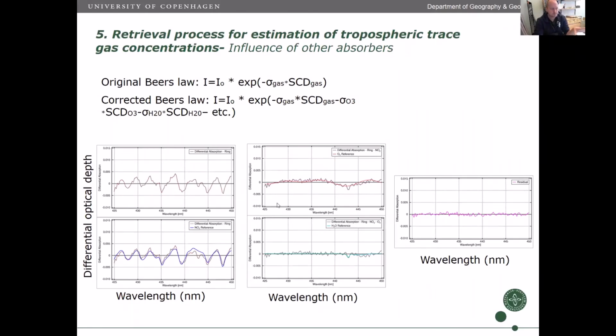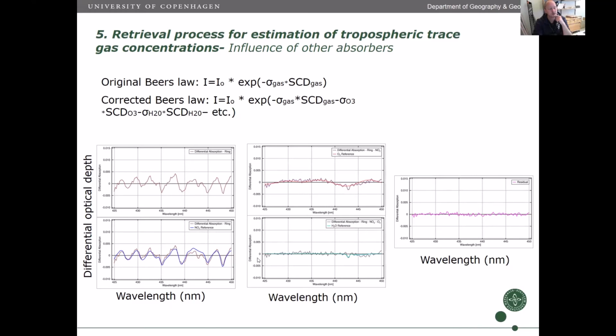Okay, so now we have a measurement of the absorption of radiation by the atmosphere for the wavelength between 425 and 450 nanometers. What we can now do is to fit a polynomial to this measurement that will give us the concentration of some of these trace gases.